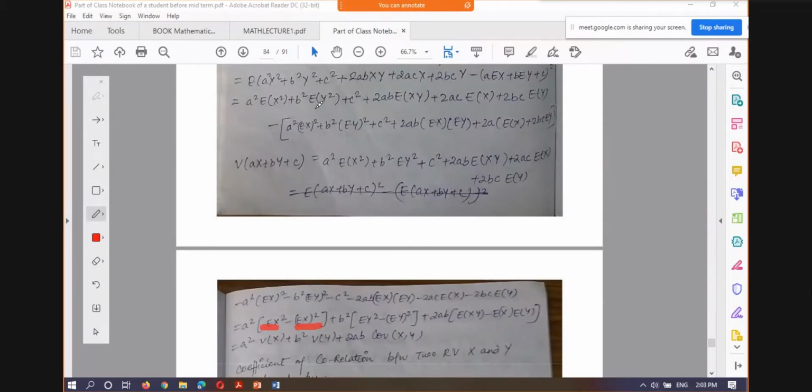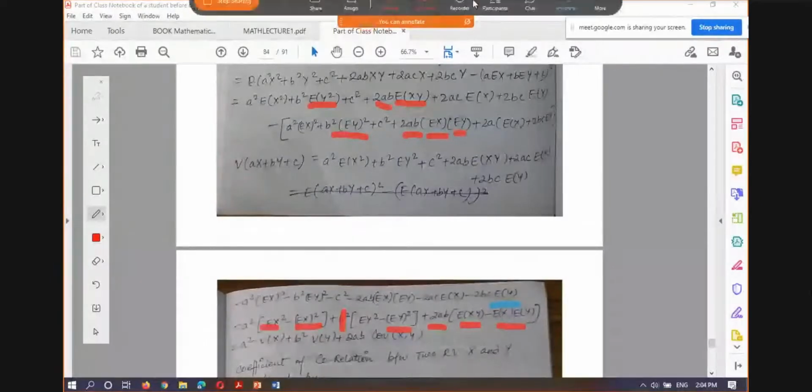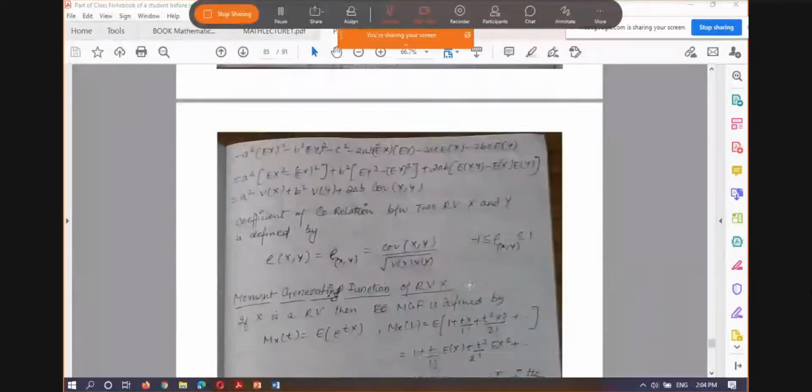Then b square expectation of y square, b square is common, I take b square outside, so expectation of y square minus expectation of y whole square. Then 2ab is common, and here I am having expectation of xy and here expectation of x into expectation of y. That's why I'm telling you some of them write this thing as the same and then they cancel out, and then they don't know what kind of result they are expecting.